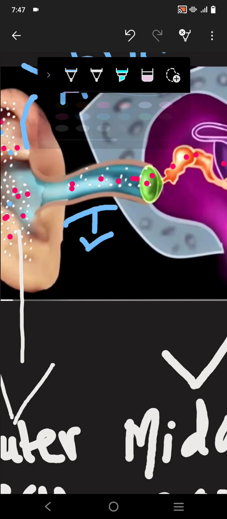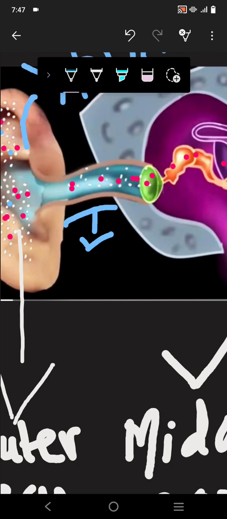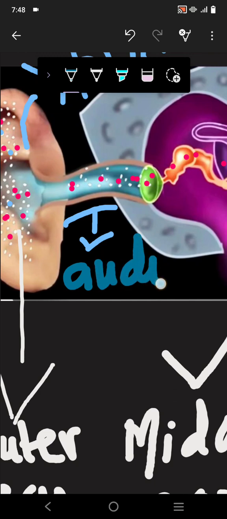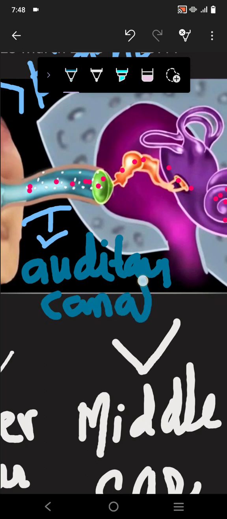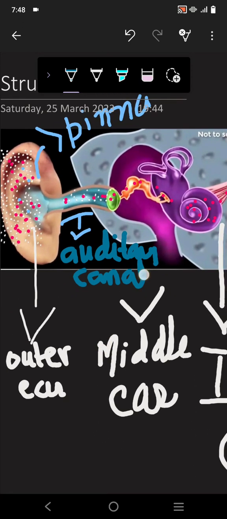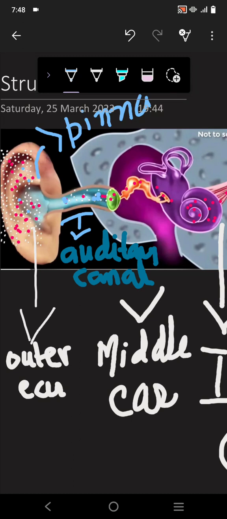The pinna collects all the air sound and then sends it to the auditory canal. Now you can see this auditory canal contains the particles.